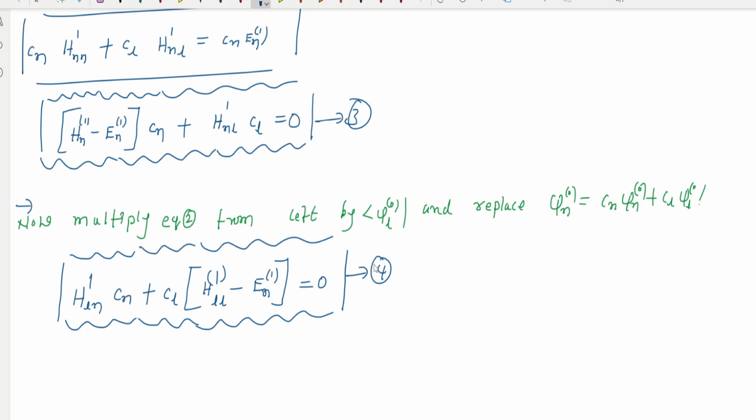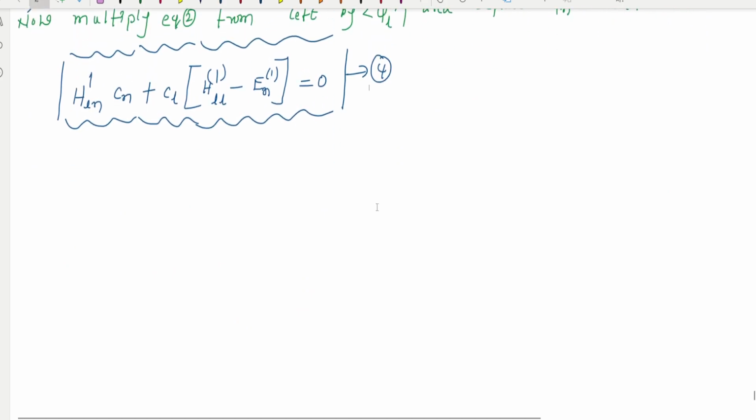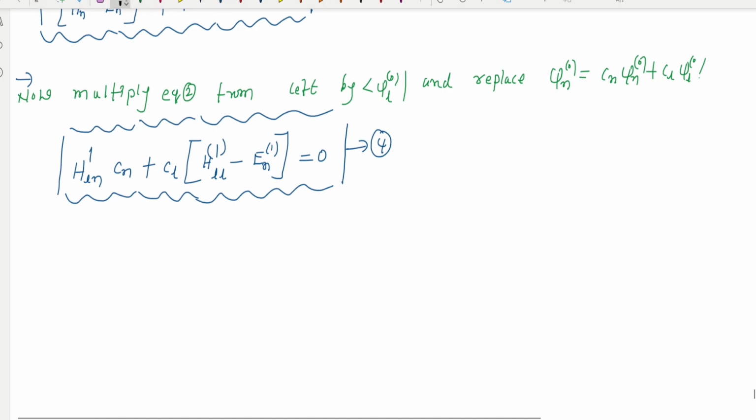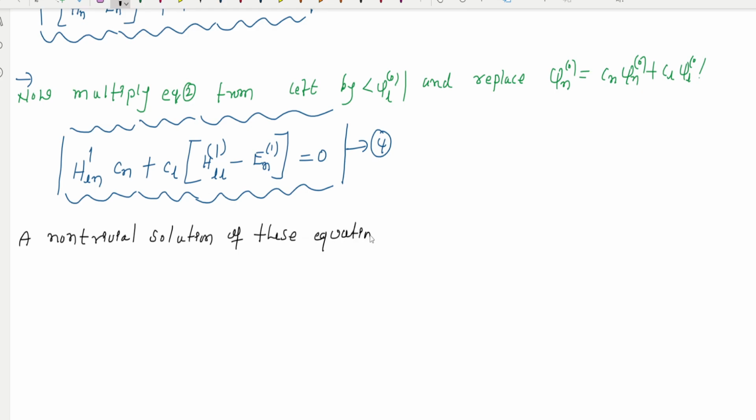A non-trivial solution of these two equations exists only if the determinant of the coefficients vanishes. So I'm going to write that here also: a non-trivial solution of these equations exists only if the determinant of the coefficients vanishes.